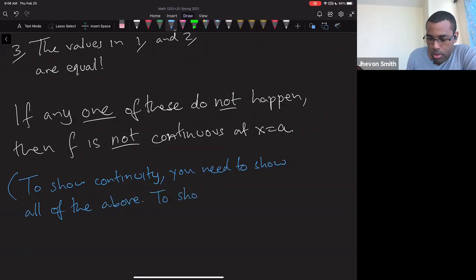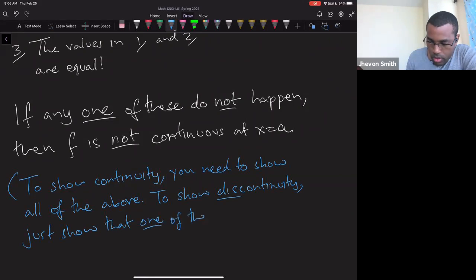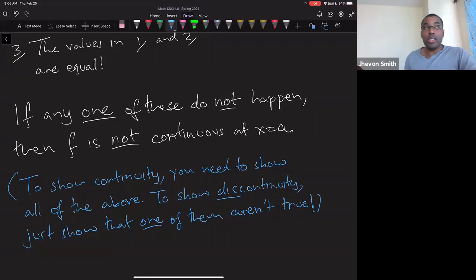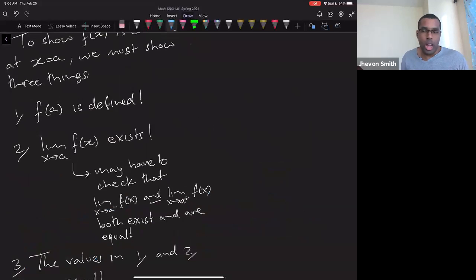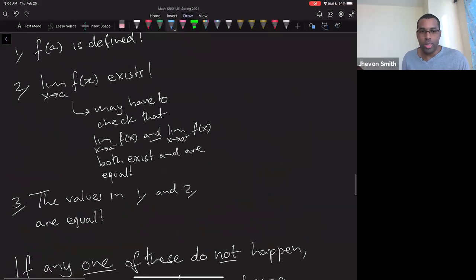To show discontinuity, just show that one of them isn't true. Right? So if you want to say that it's not continuous, you don't have to go through all three things. Like if the moment you find out that it's not defined, you just stop. Like it's done. You don't have to check the other two things even, right? But if you want to say that it is continuous, you have to actually go through all three.